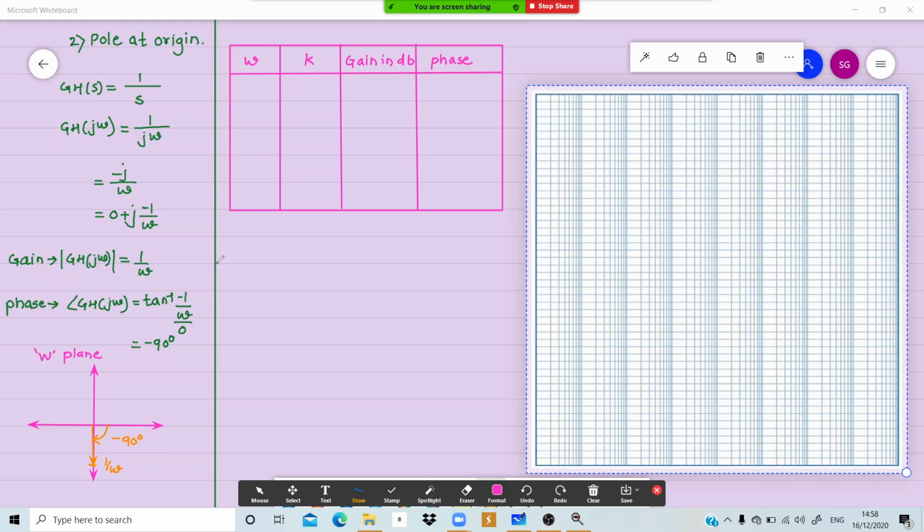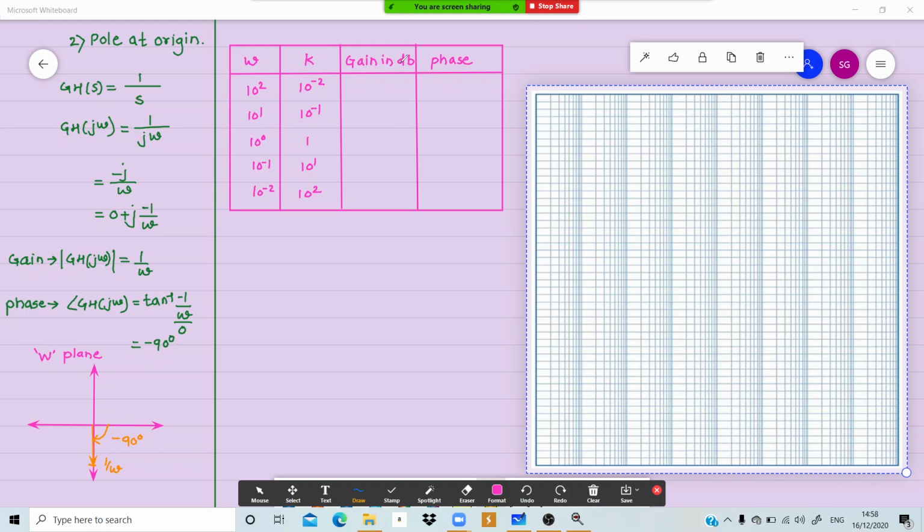So we'll start with 10 raised to 2, 10 raised to 1, 10 raised to 0, 10 raised to minus 1, and 10 raised to minus 2, more than sufficient, 4 or 5 values, correct? Now when omega is 10 raised to 2, since it is in the denominator, the gain will be 10 raised to minus 2, 10 raised to minus 1, 1, 10 raised to 1 and 10 raised to 2, correct?